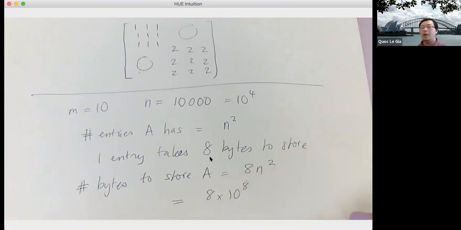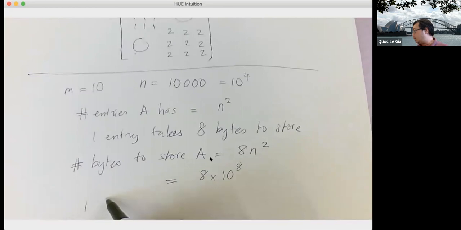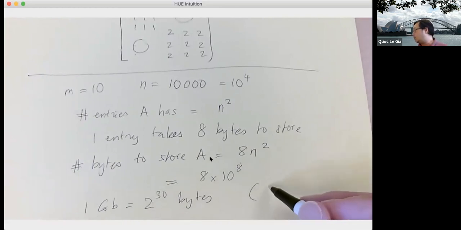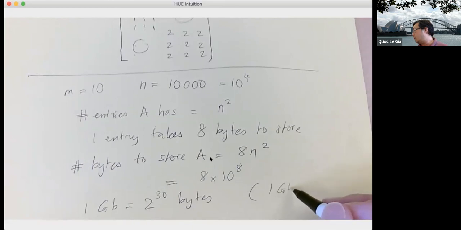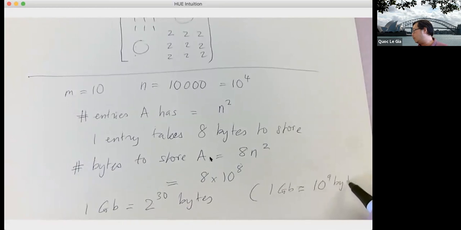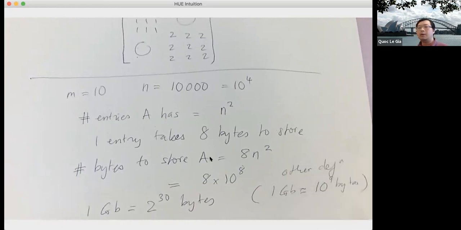Now remember the question asked you to use gigabytes. So now 1 gigabyte is 2 to the 30 bytes. There are other conventions that say 1 gigabyte is 1 billion bytes, but I just use this convention. It's up to you.